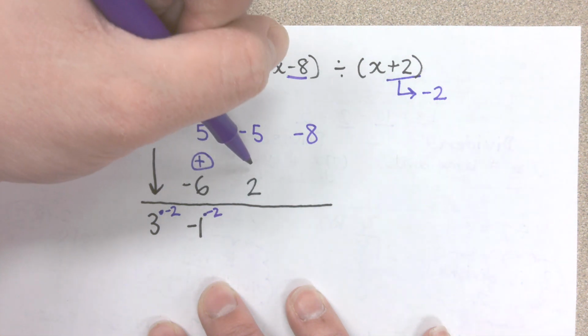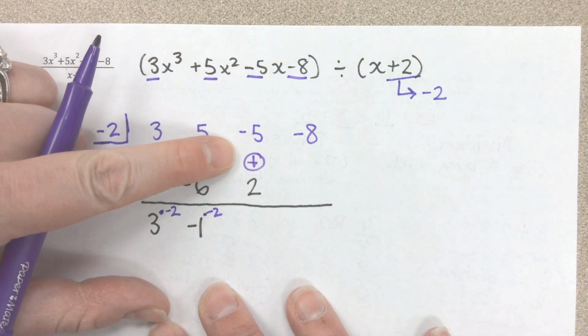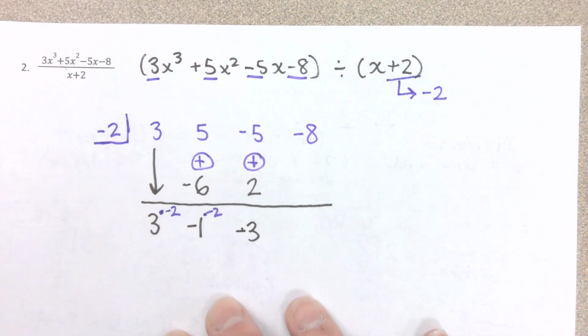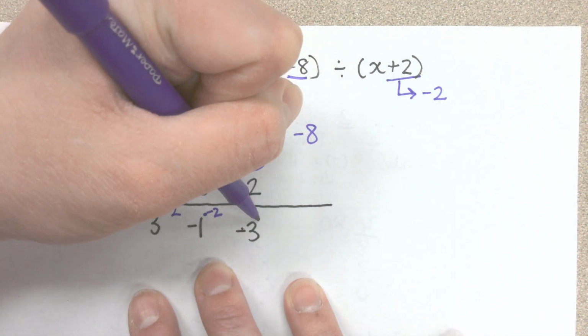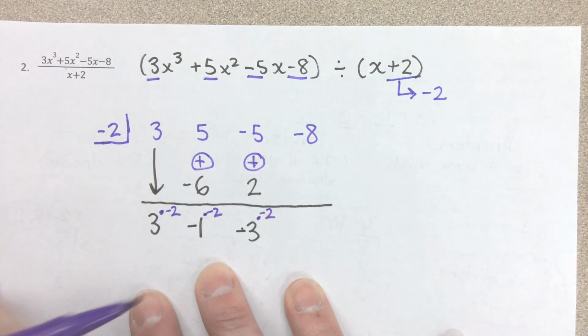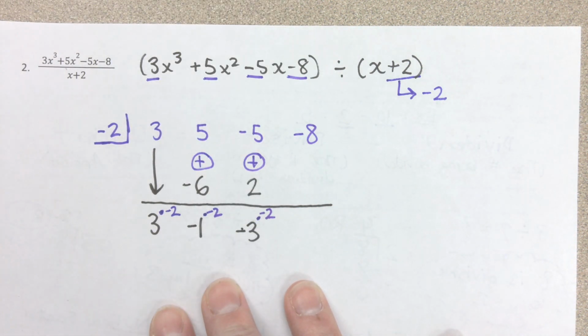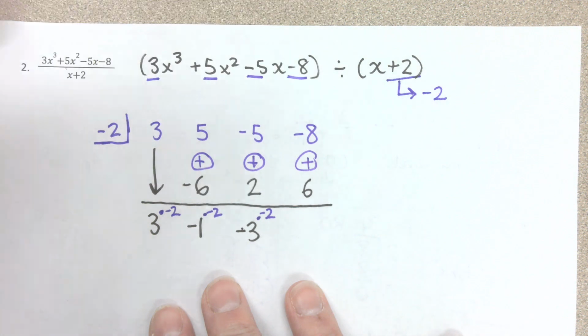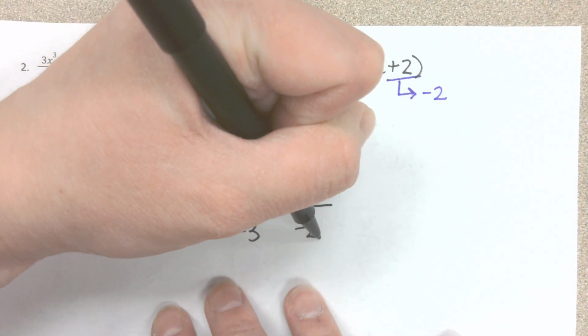And then we add down. Negative 5 plus 2 is negative 3. And then we repeat again. Multiply by negative 2. Negative 3 times negative 2 is positive 6. And then we add down. Negative 8 plus 6 is negative 2.